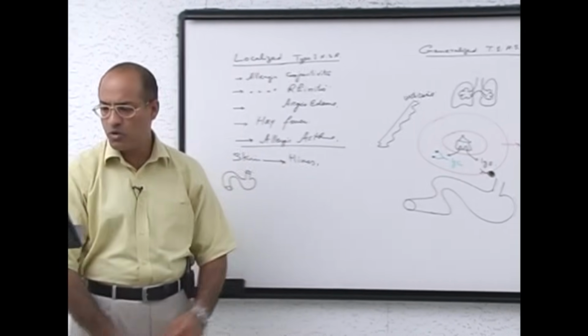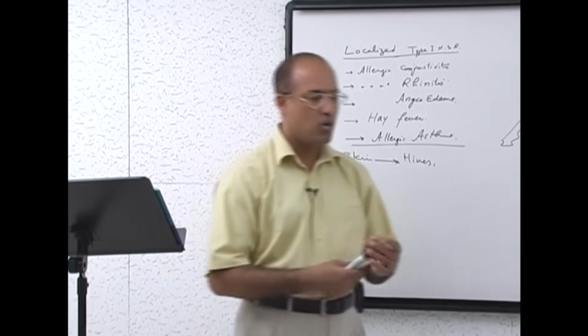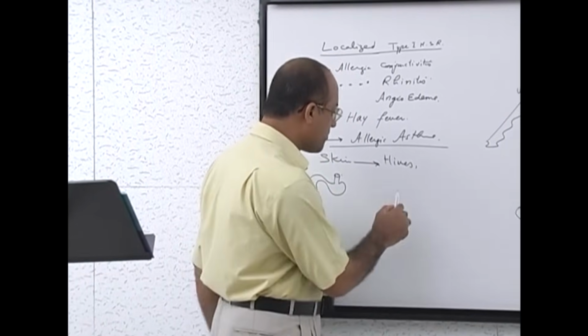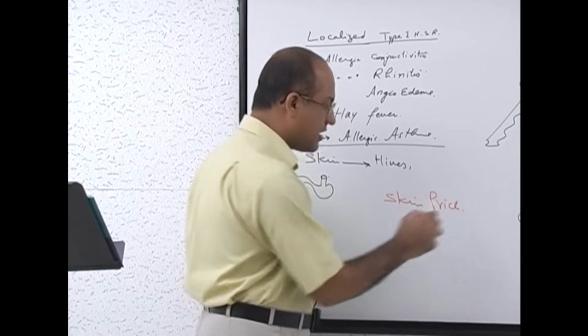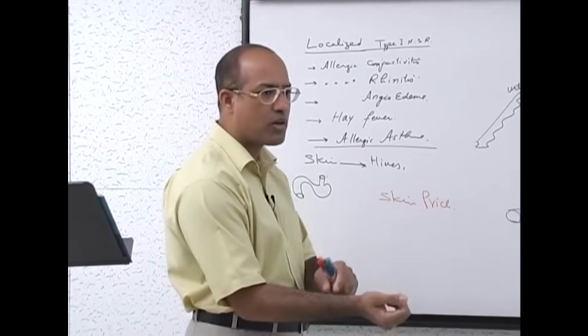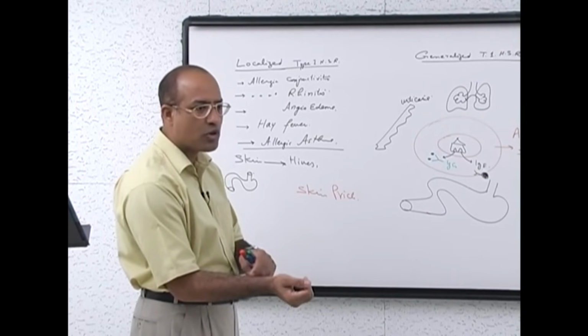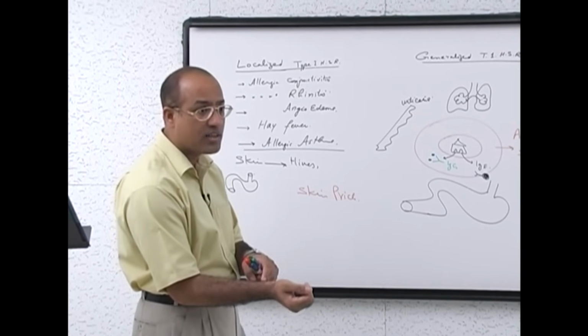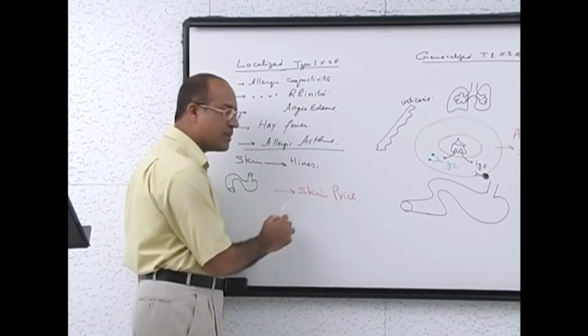Then, a few more points: how do you diagnose type 1 hypersensitivity reaction? One of the tests is the skin prick test. In the skin prick test, you inject an extremely small amount of allergen under the skin, and if wheal and flare is formed there, it means localized mast cells are degranulating, right? It means the person is allergic to that particular substance.